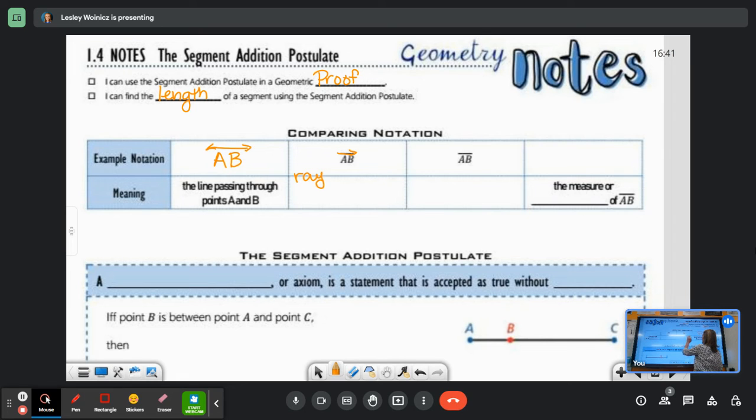It has an endpoint at A, and then it goes forever in the direction of B. That's a ray. If the bar has no arrows, this is a segment.